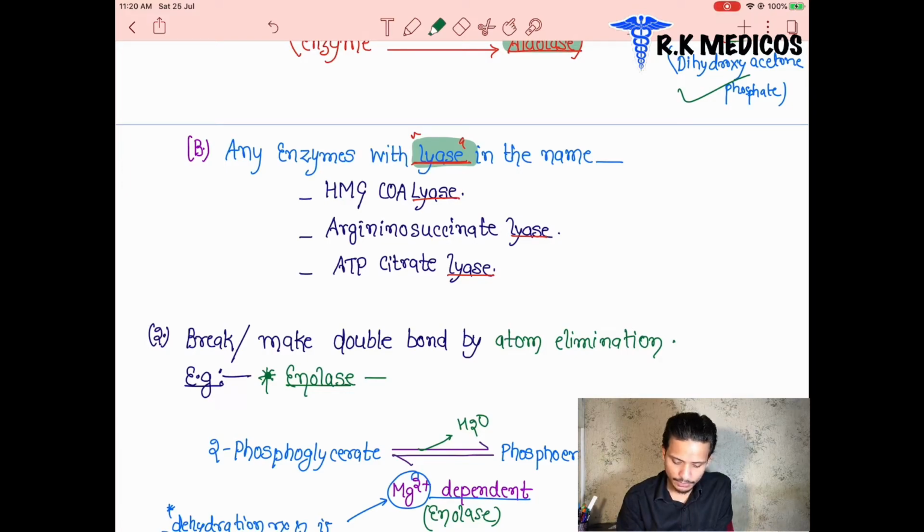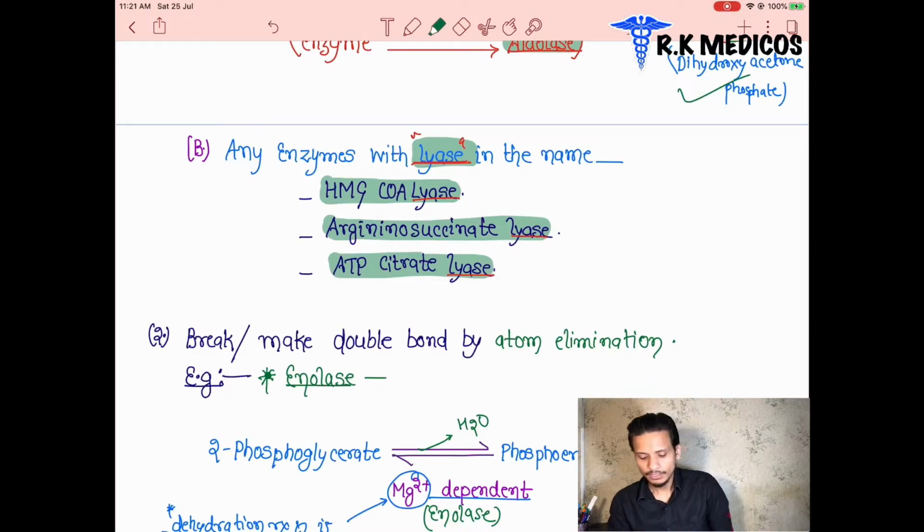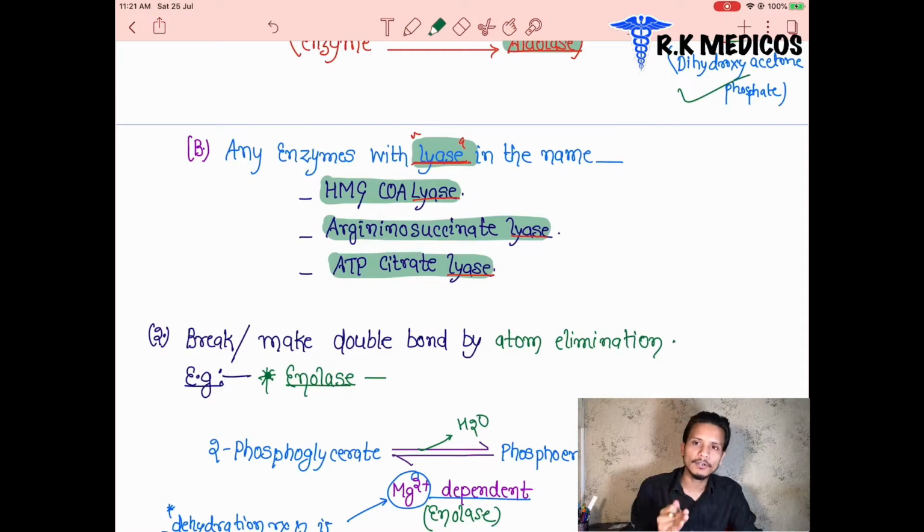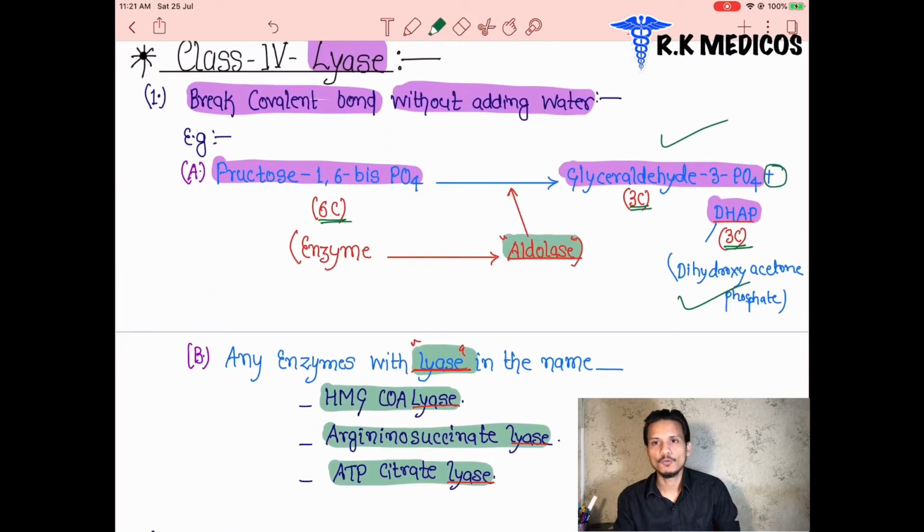That is HMG-CoA liase, where CoA is coenzyme A, the argininosuccinate liase, and the ATP citrate liase. These are the 3 enzymes. They end with liase, we can see clearly, and enzymes with names ending in liase perform their action. And how do they perform their action? Breaking covalent bonds without adding water.